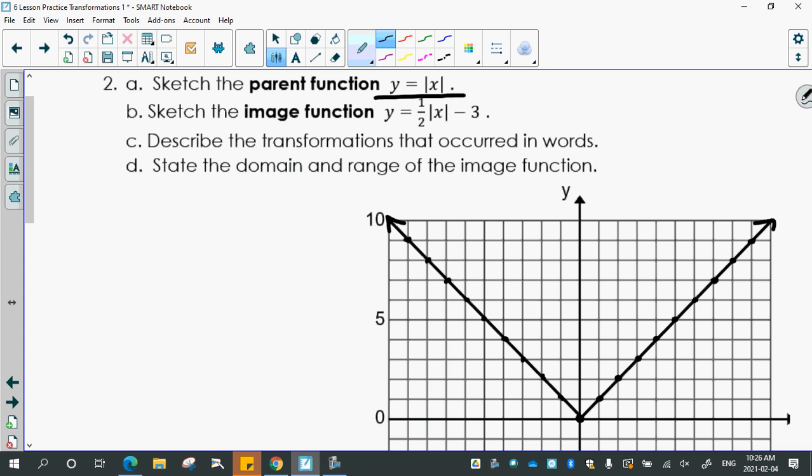But before I do that, I want to list out what the transformations are. So I'm going to do C first. So this half out front, does anyone know what that's going to be called? Good. Vertical compression. You have to say by a factor of, but yes, vertical compression by a factor of 1/2.